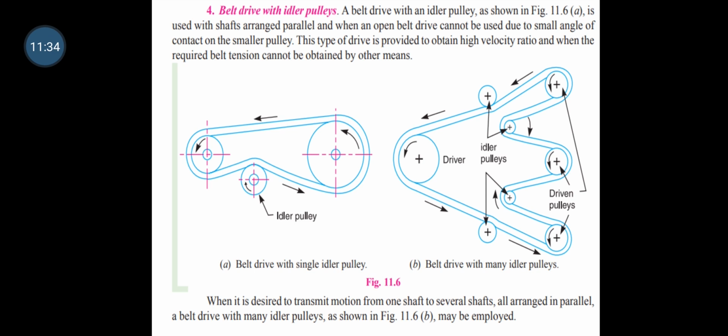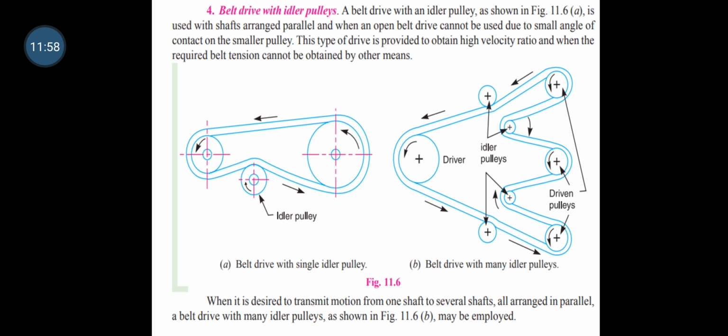The idler pulley is used with shafts arranged parallel, and when an open belt drive cannot be used due to the small angle of contact on the smaller pulley. This type of drive is provided to obtain a high velocity ratio, and when the required belt tension cannot be obtained by other means.